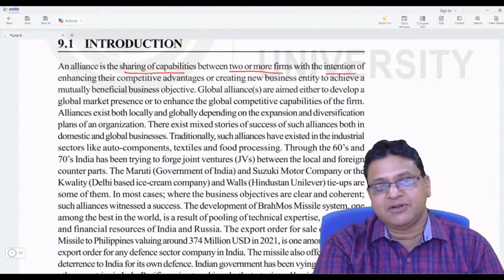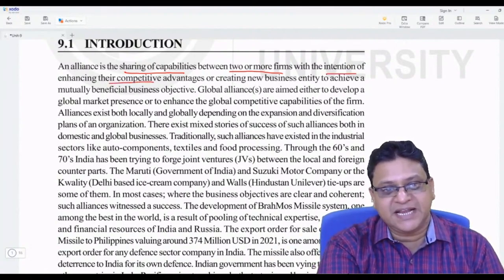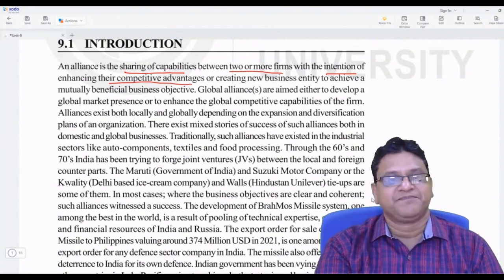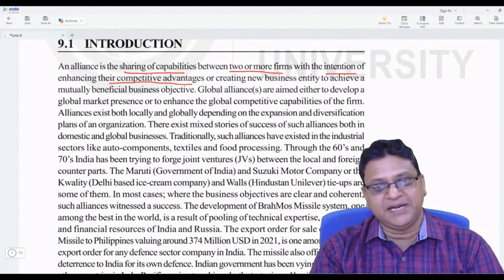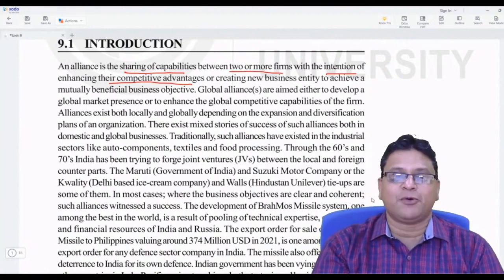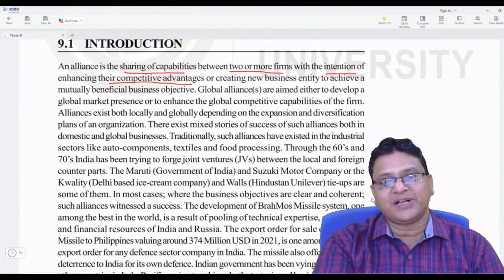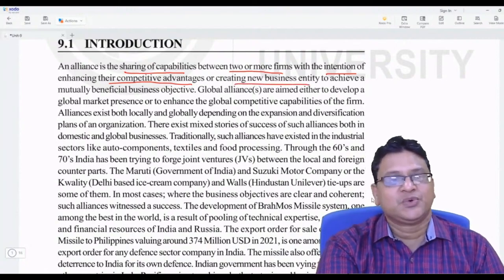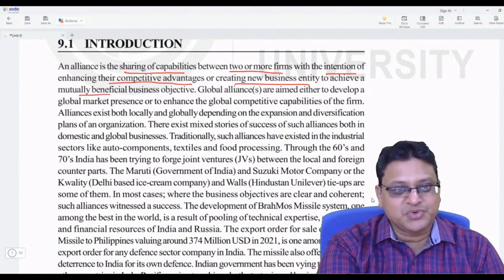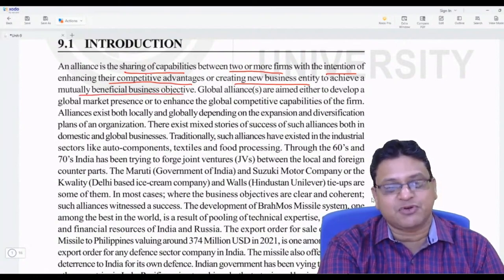With the intention of enhancing their competitive advantage, or creating a new business entity to achieve a mutually beneficial business objective.